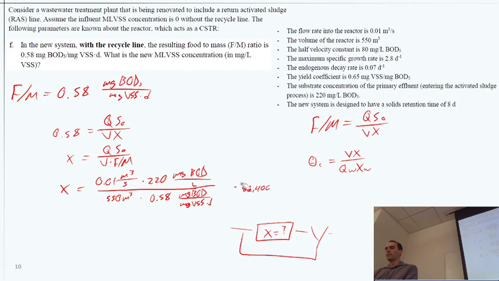I was doing it right the first time. Okay, and that'll convert the seconds here into days. All right, so with that, when we solve, we should get a value of X as 596 milligrams VSS per liter as our final answer.